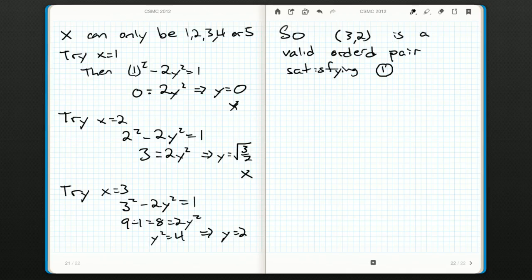So it satisfies the equation that they have labeled 1. Okay, 3 and 2.